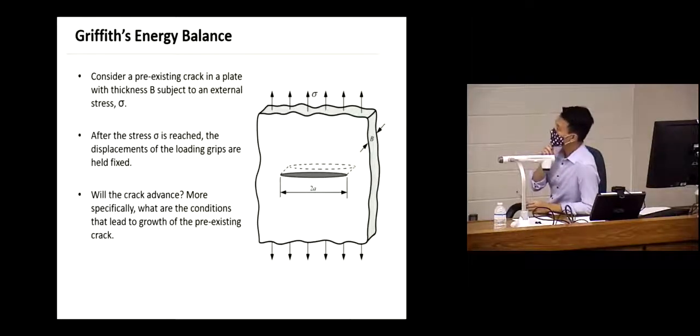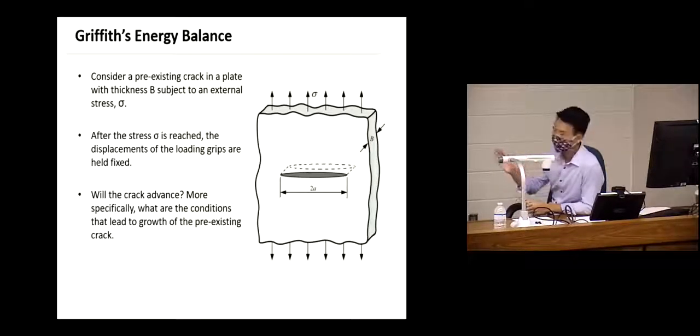Now, he used the energy balance equation. Let's consider a very similar-ish problem that Inglis had solved, so that he can use some of the results that Inglis derived. Again, we are looking at a pre-existing plate. There's a pre-existing crack in there, right? Everything is similar.